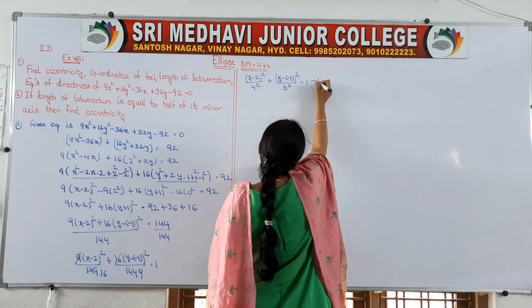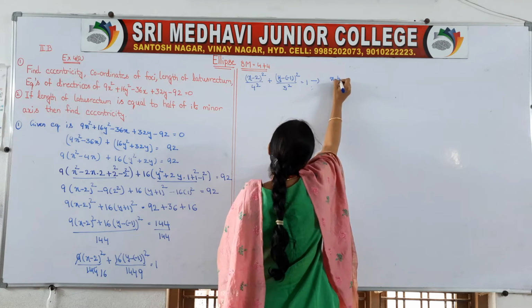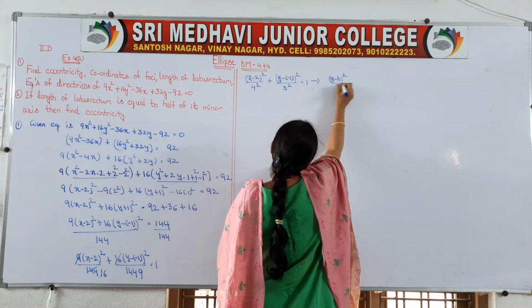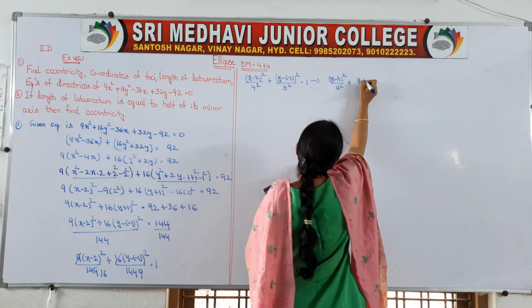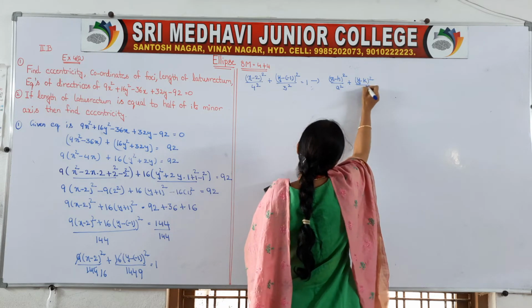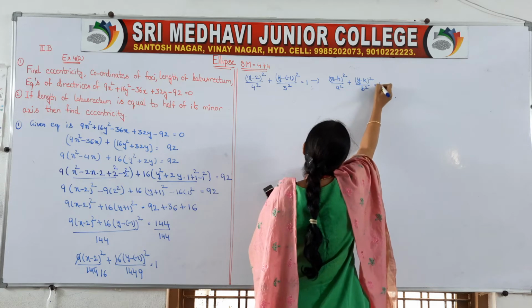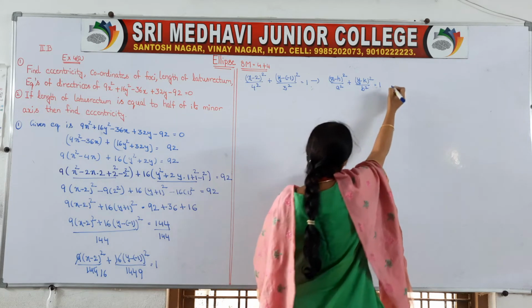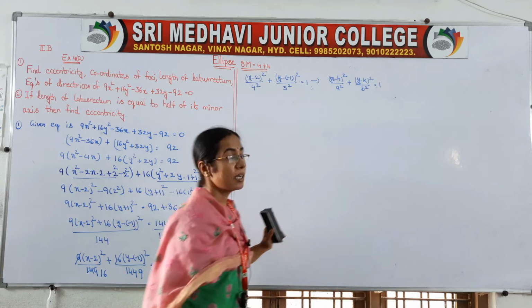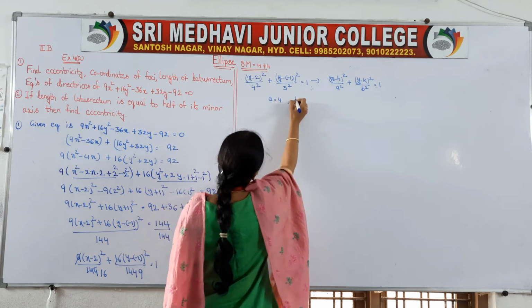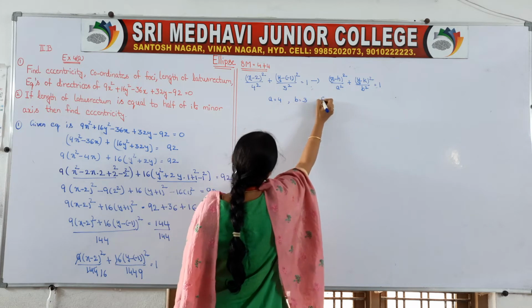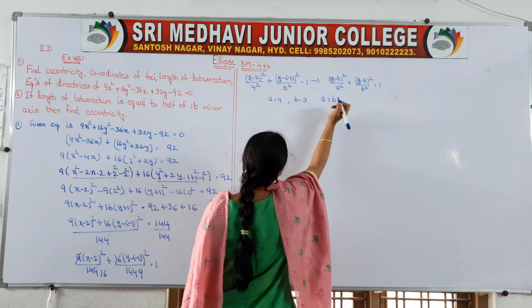This is exactly in the form of (x minus h) whole square by a square plus (y minus k) whole square by b square is equal to 1. Now compare a and b. So a is equal to 4, b is equal to 3, so a is greater than b.